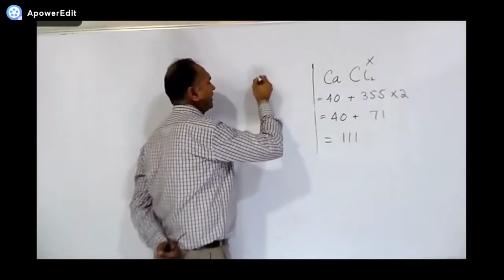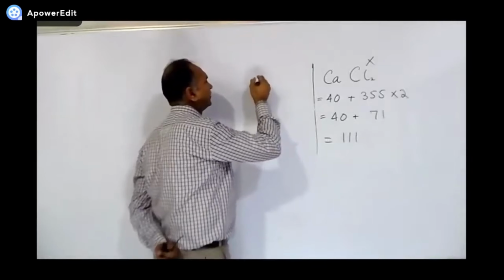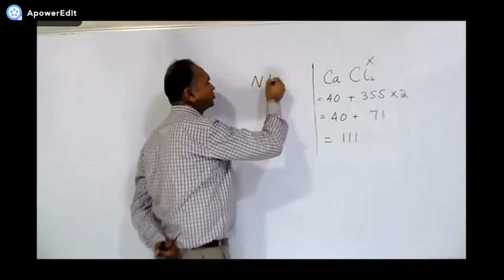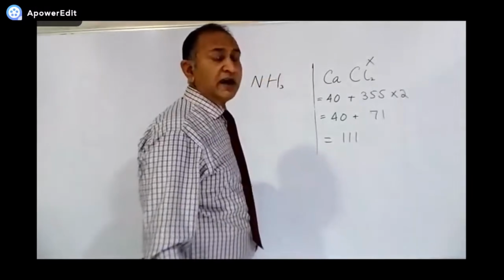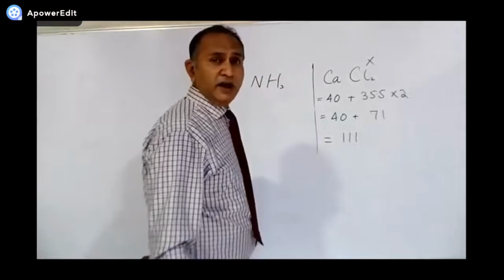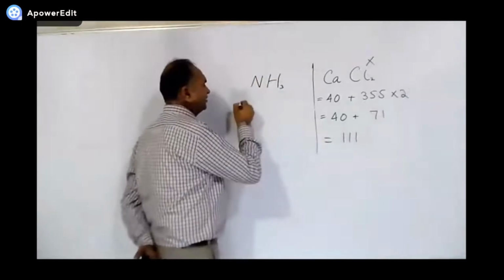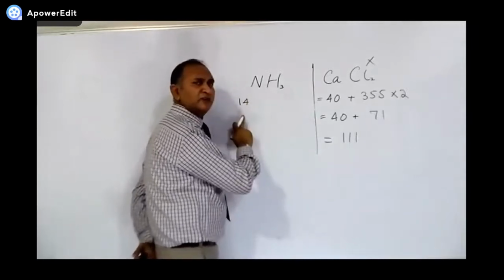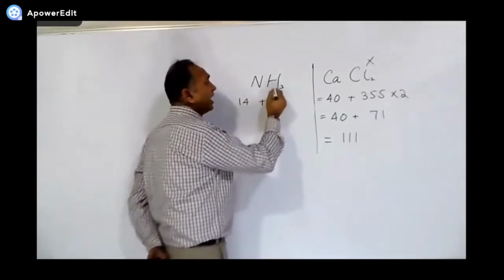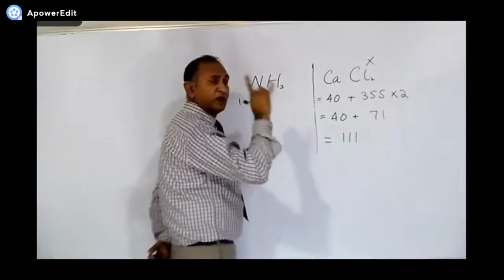See another example, like NH3. What do you call it? NH3, ammonia. Nitrogen 14 times 1. I'm not writing 1. Plus hydrogen. What is the atomic mass of hydrogen? 1.